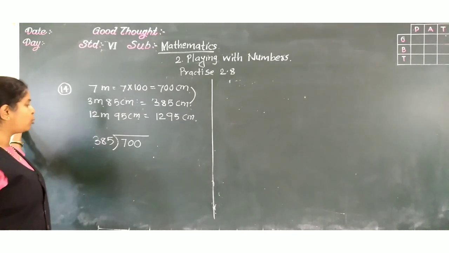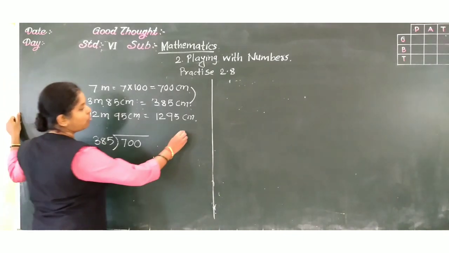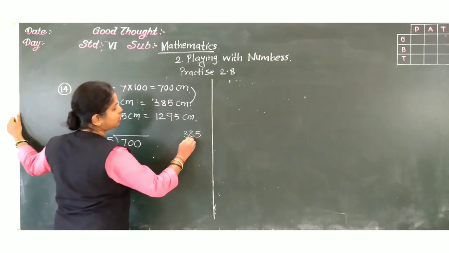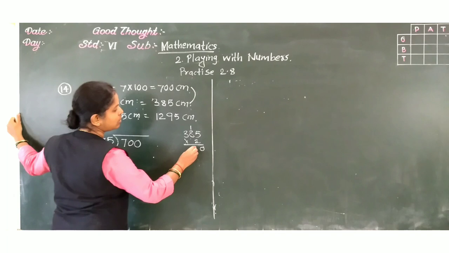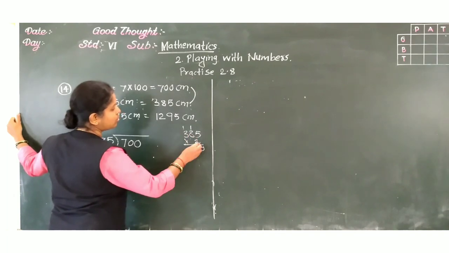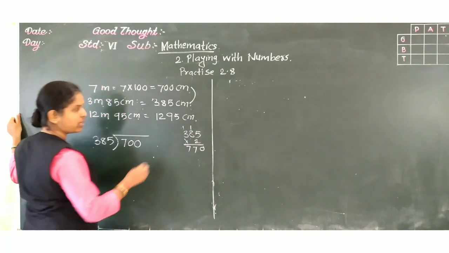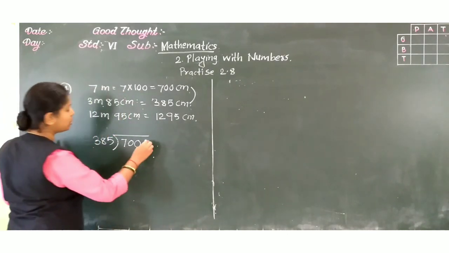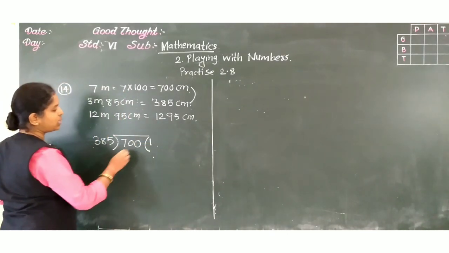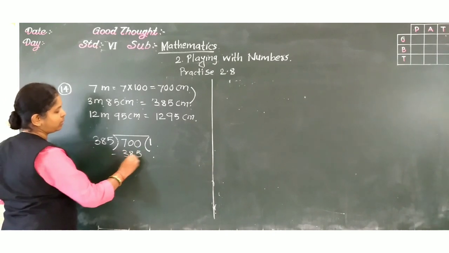385 twos are, if you do, what will you get? 2 5s are 10, 2 8s are 16, 17, 2 3s are 6 plus 1, 7, 770, which is greater. So no, we cannot take 2. 385 ones are 385.